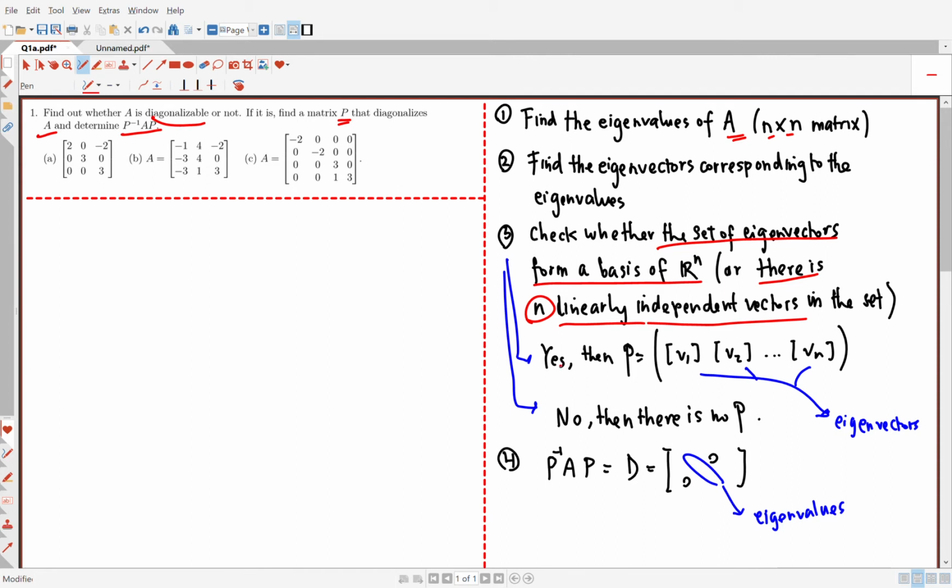If yes, then we can write our P as a matrix of eigenvectors, where you write these eigenvectors in column form and you list it this way.